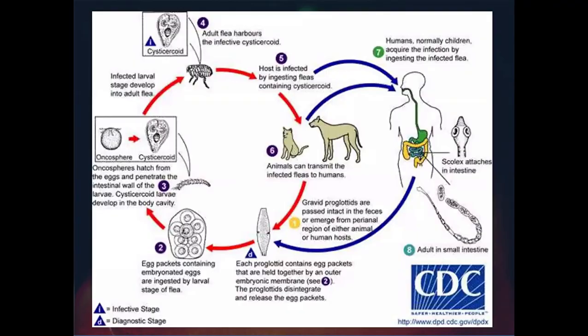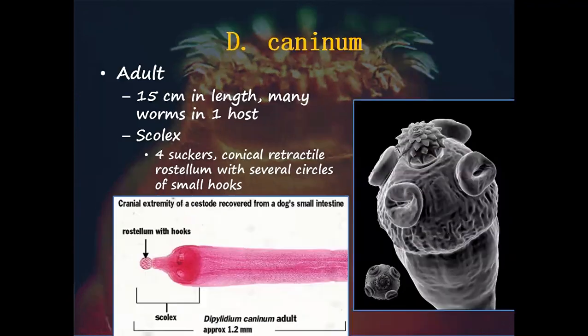Okay, so that's just a diagram. So this is the appearance of the adult Dipylidium caninum. It is about 15 centimeters in length, and one host can harbor many organisms.